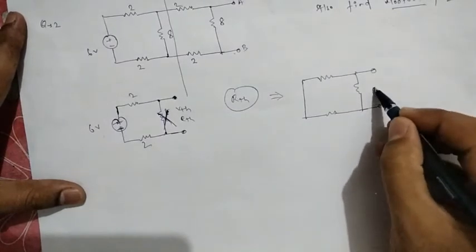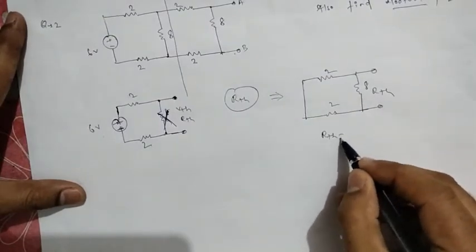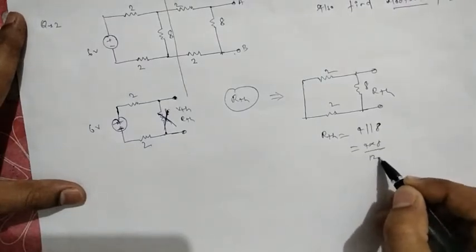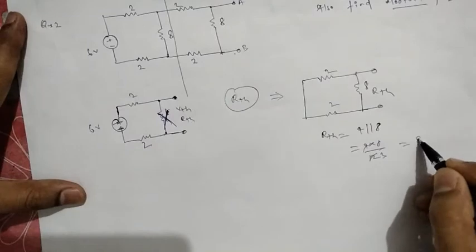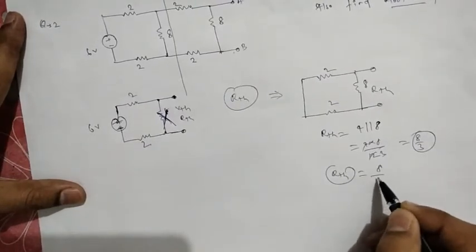If we calculate the RThevenin, 2 and 2 will come in series and this 8 will come in parallel. So RThevenin will be 4 parallel 8, 4 into 8 by 12, which is 8 by 3. RThevenin we got for this model.